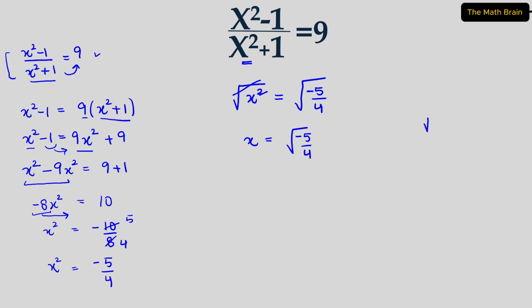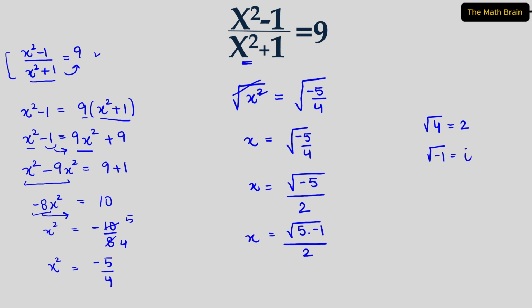So the value of under root 4 is equal to 2 and we can write it as x is equal to under root minus 5 upon 2, and under root of 5 into minus 1 upon 2. Now the value of under root minus 1 is equal to iota or i.